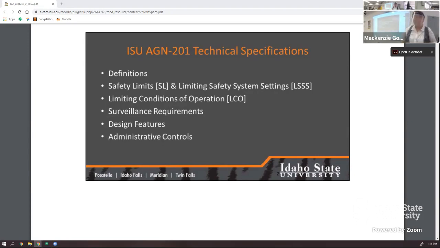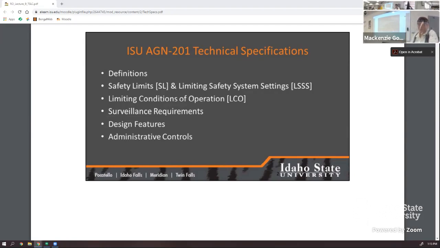Then, for each one of these limiting conditions for operation, there will be a corresponding surveillance requirement that says before you can operate, in a procedure, you operator must go and survey that these things, these LCOs, exist and are in place. And you're going to have a place that you record and document that you've actually gone and surveyed that the LCOs are in place. Okay?